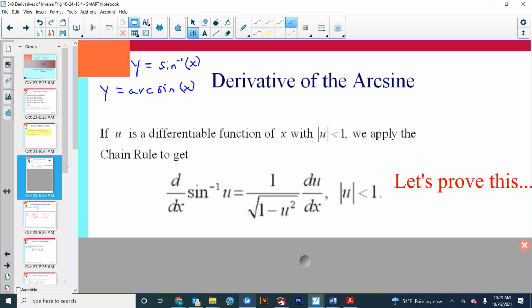Have you seen that? And then if you write it with capital A, capital arc sine, it's something different. Did you talk about that? No. Okay. I don't have time today, and I don't want to confuse you. So we're just going to hit the main ideas today, all right? If we want to get in depth later, we can. I'm kind of feeling out what you guys know here.